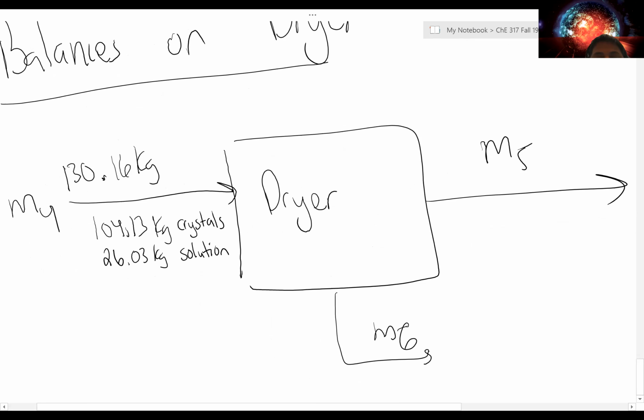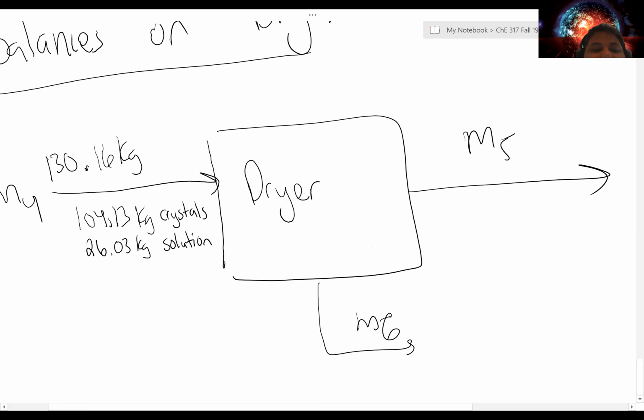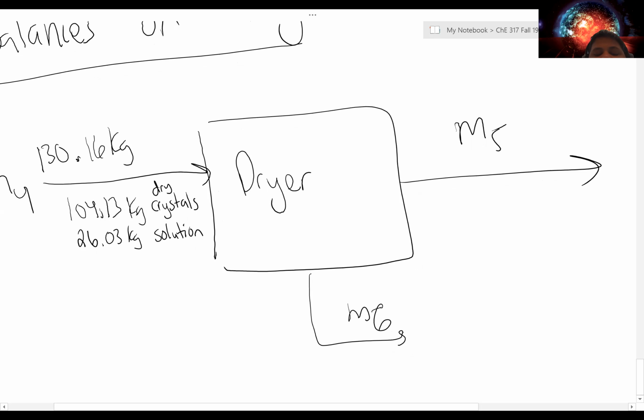So the question is, how do I find the amount of dry crystals leaving the process in the dryer? Well, if all the water gets removed, if I know how much water is leaving, I can find the amount of dry crystals.